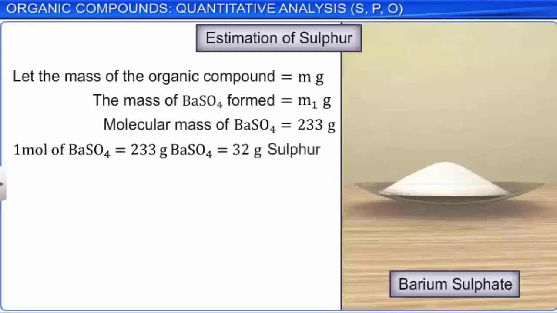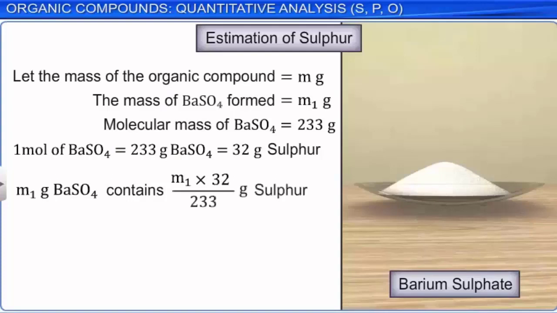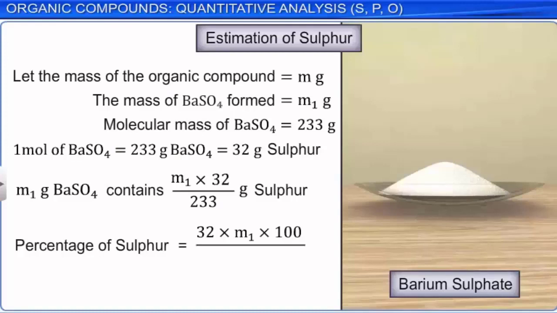Therefore, the mass of sulfur in m1 grams of barium sulfate is m1 multiplied by 32 divided by 233. Therefore, the percentage of sulfur in the compound is 32 multiplied by m1 multiplied by 100 divided by 233 multiplied by m.